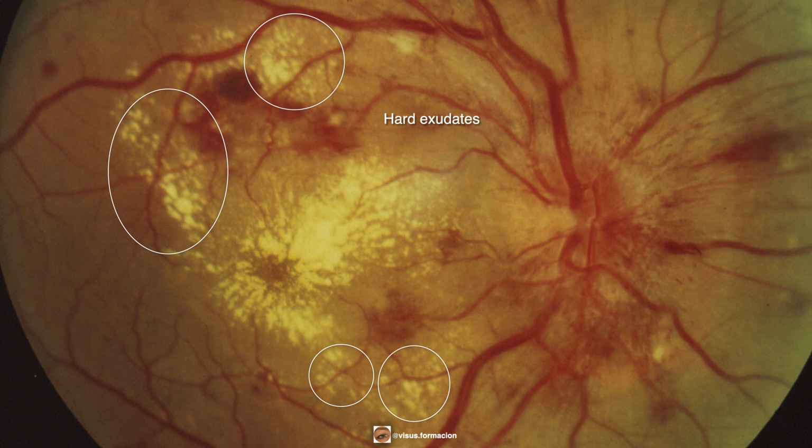They are composed of lipoproteins, lipids, and protein material, such as fibrinogen and albumin, that extravasate after the inner blood-retinal barrier is broken. They will be deposited mainly in the outer plexiform layer of the retina.